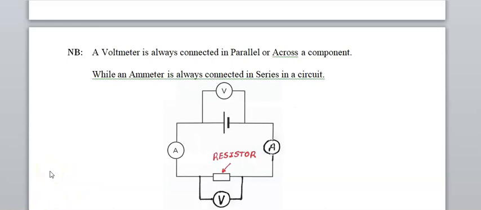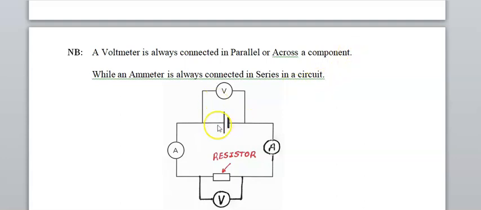In an earlier diagram, we saw the mechanic placing his voltmeter between the two ends of the battery, the two terminals of the battery, in order to measure its voltage. We say that a voltmeter is always connected in parallel or across a component in the circuit in order to measure the voltage between the ends of that component.